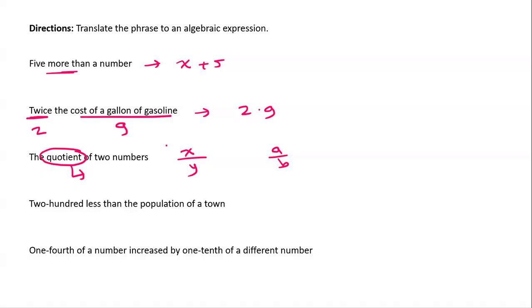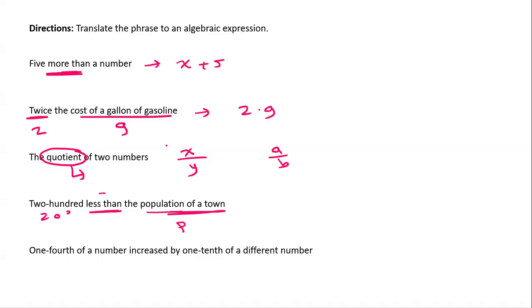Okay, so next one, it says 200 less than the population of a town. Again, with the more than, we flipped it, and we're going to do the same thing for this one. When it says less than, we're going to flip it as well. So we're going to have the 200, and then less than the population of a town. We can again pick any variable that we want, so we can say P or X, whatever you want.